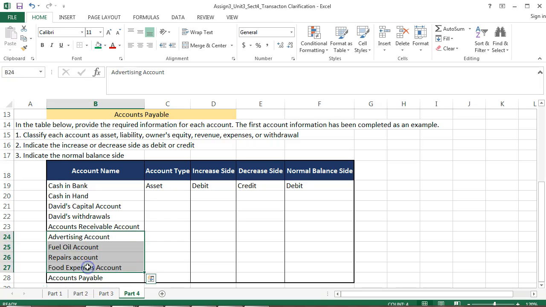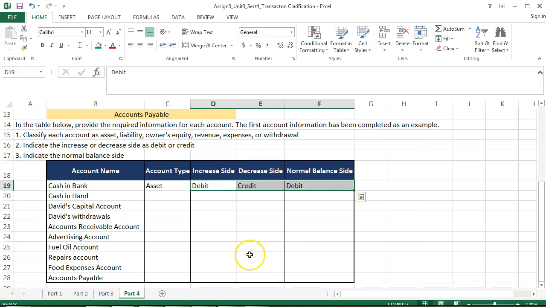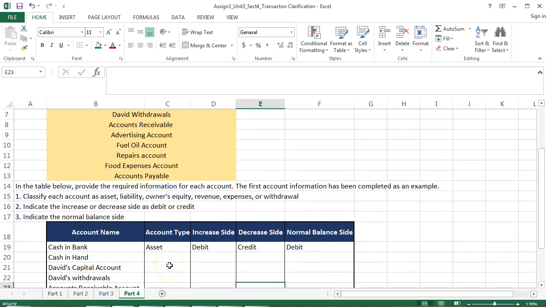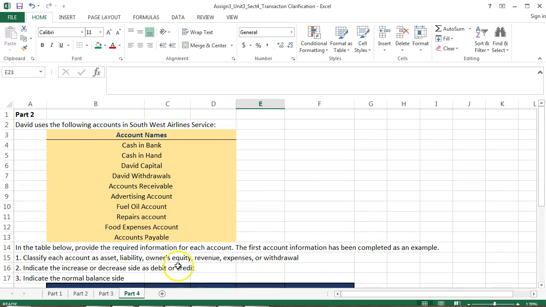Since all that's money going out, that should help you with what type of accounts these are. And then we have accounts payable, so that's money that we owe. So make sure you are determining what type of accounts those are, which side increases, which side decreases, and which side is the normal balance. And then that is it for this assignment.